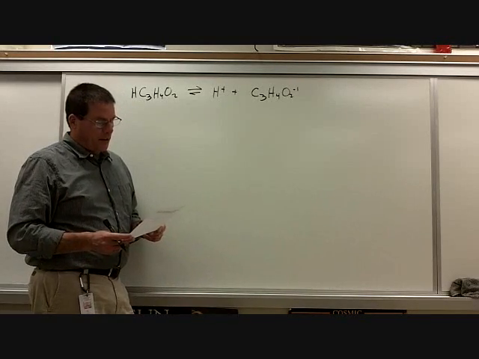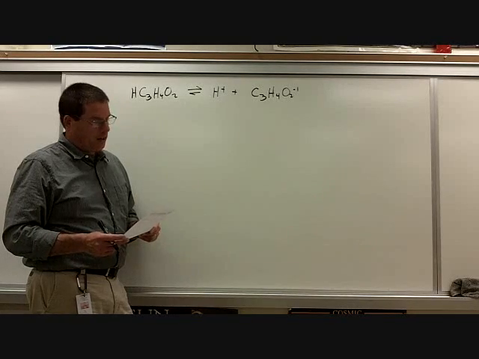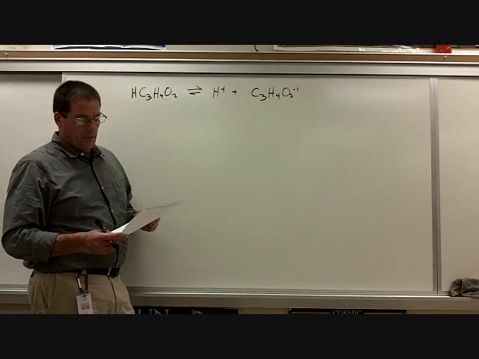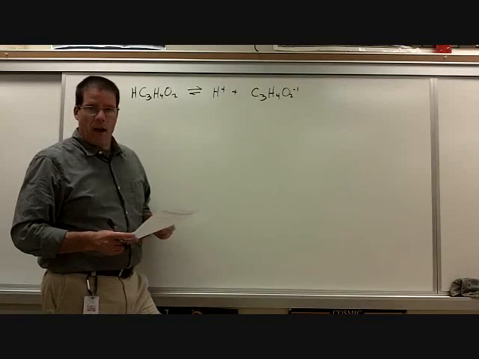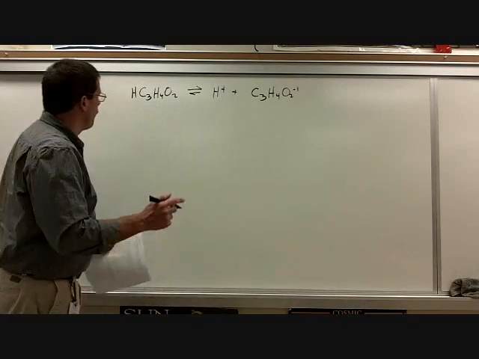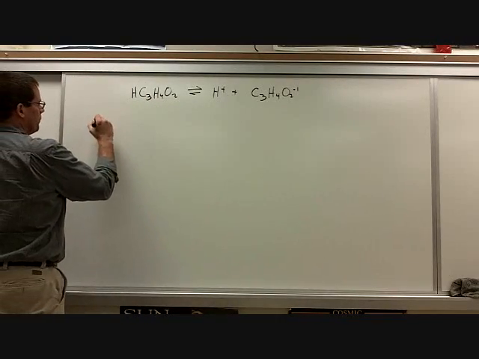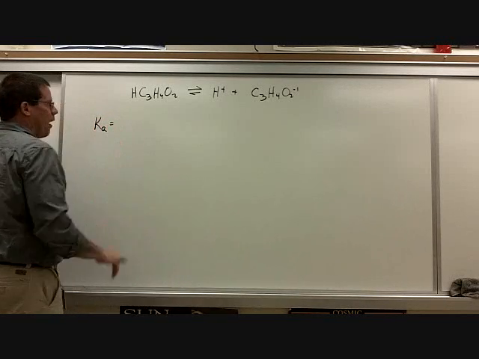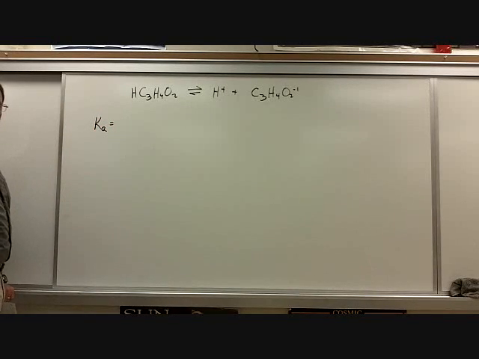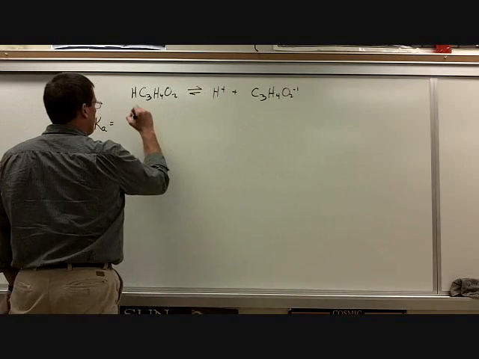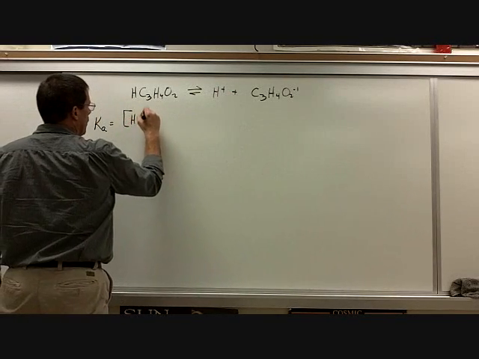Part A says write the expression for the acid dissociation constant, the Ka, and calculate its value. The first thing we want to do is write the Ka. So how would I write this? Good, I'm going to put the products over the reactants and show the charges.